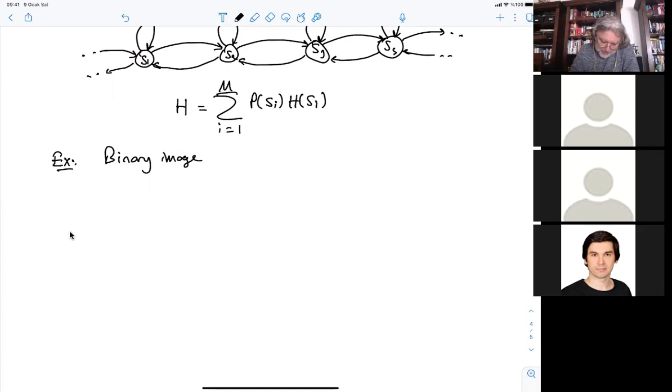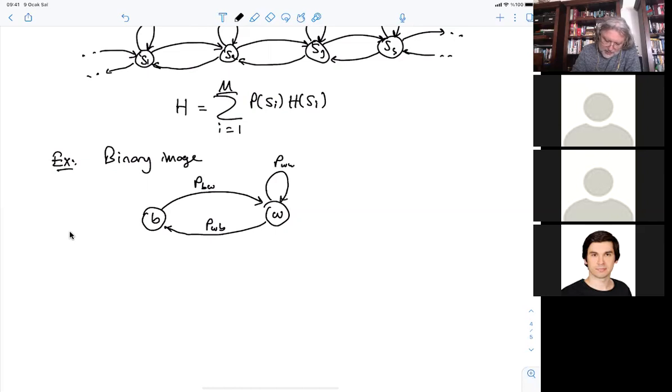We have a black state and a white state, and this happens with the probability of transition from black to white. This happens with the probability of transition from white to black. This is the probability of white to white, and this shows the probability of black to black. Okay, so we have a very small two-state Markov chain for the binary image case.